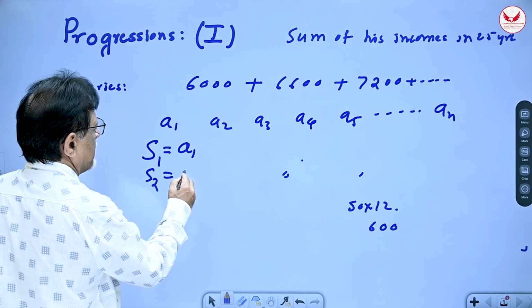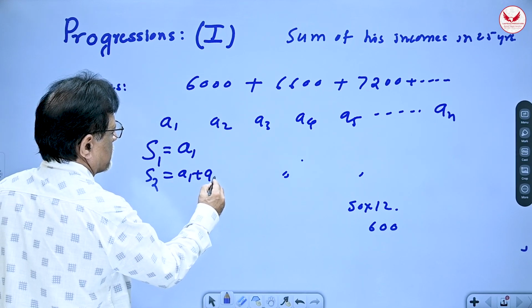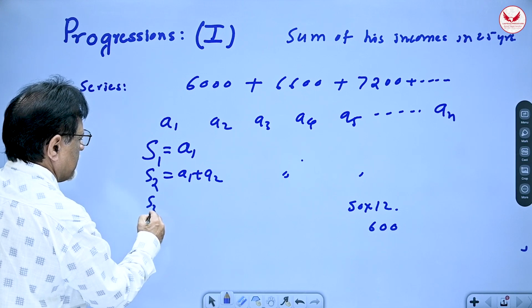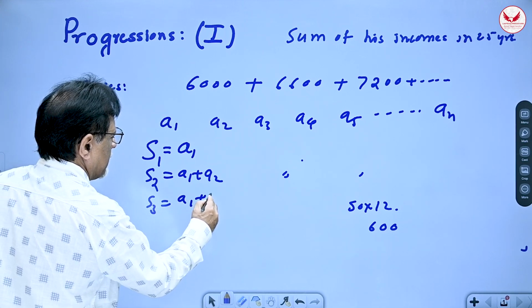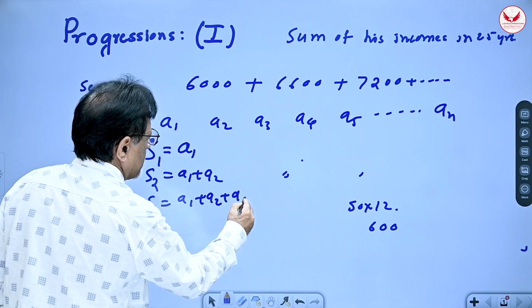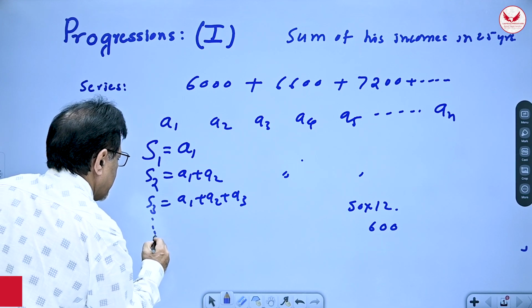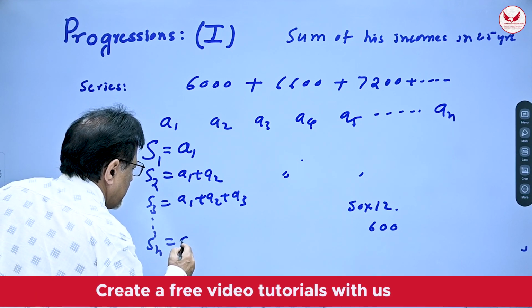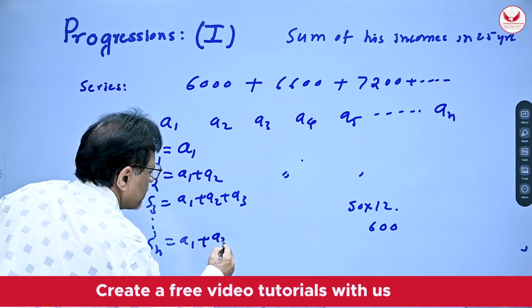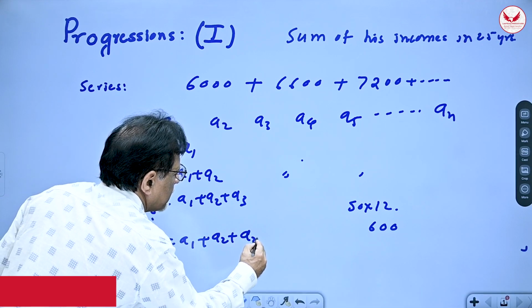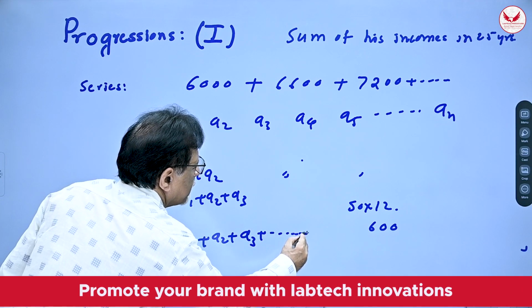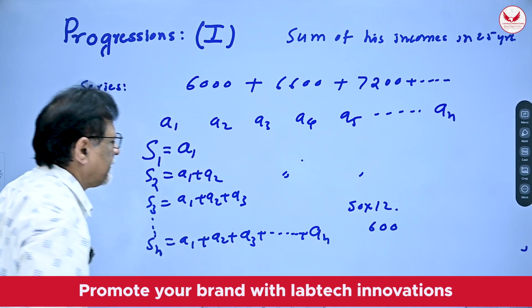Okay. But what is S2? S2 will be A1 plus A2. What will be S3? S3 is A1 plus A2 plus A3. Like that, Sn will be A1 plus A2 plus A3 and so on till you reach An. Right?